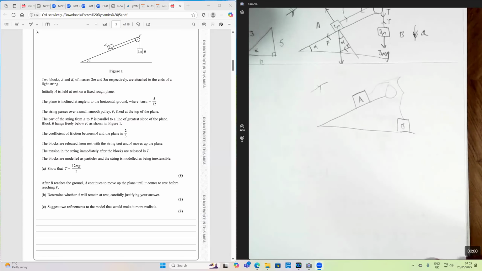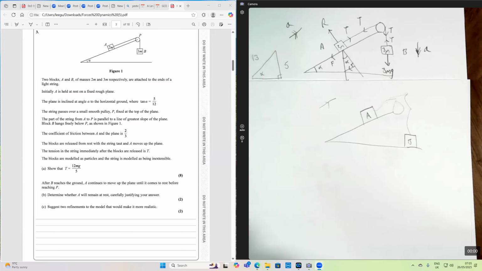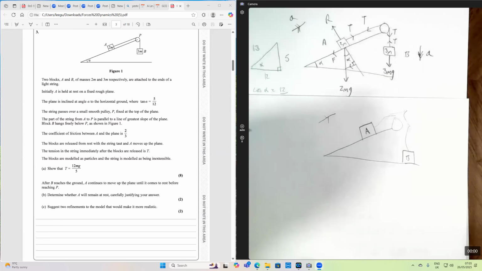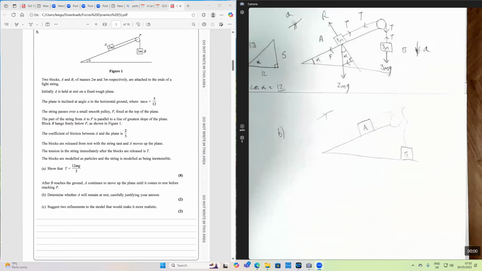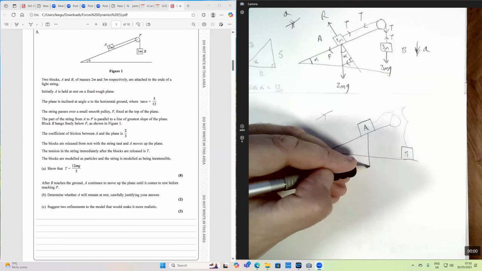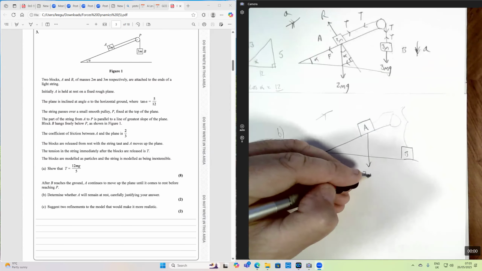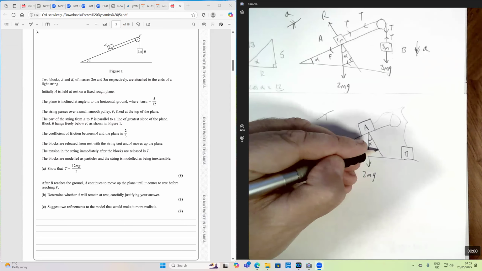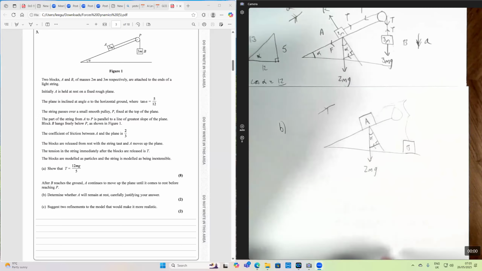Now the question is, is it just going to be momentarily at rest, or is it going to start sliding back down the slope? So in order to work this out, let's think about what forces A is subject to. A still has gravity there, which is 2mg, and there is our alpha. Just the same, the component of its weight is acting down the plane.